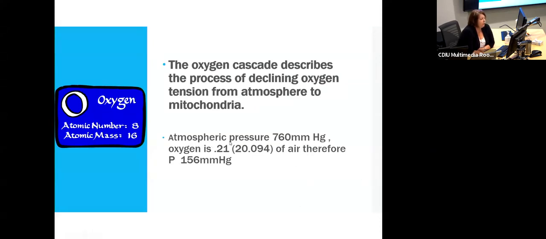And the concentration of oxygen within the atmosphere is 0.21, which gives you a partial pressure of 156 millimeters of mercury. Why am I throwing all of these numbers out at you? Well, we're going to talk about what happens when you move things from an area of high pressure to an area of low pressure. Believe it or not, that's what we do when we breathe.